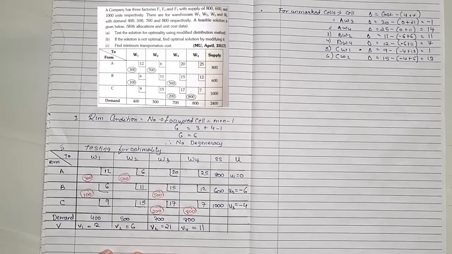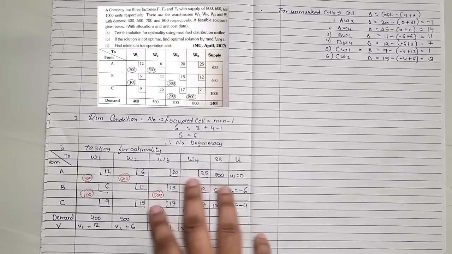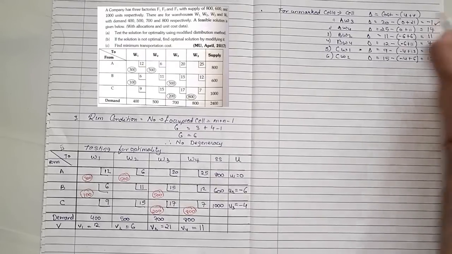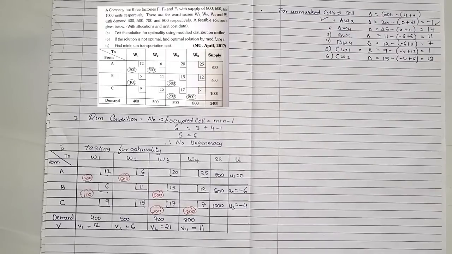Okay, the first question, see in the question they are giving you first, test the solution for optimality using MODI. So optimality wise we did the optimality, we got the value for the unmarked cells. Now the unmarked cells have one negative value. The rule is, if in your unmarked cells any of the values you get is negative, it means the problem does not have an optimal solution.